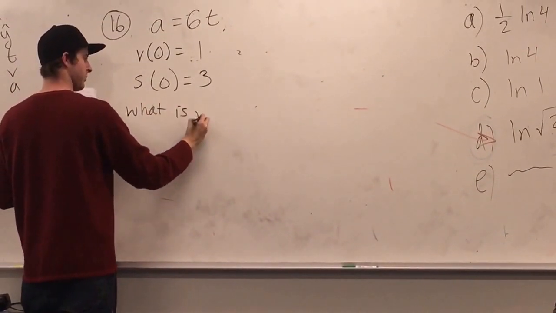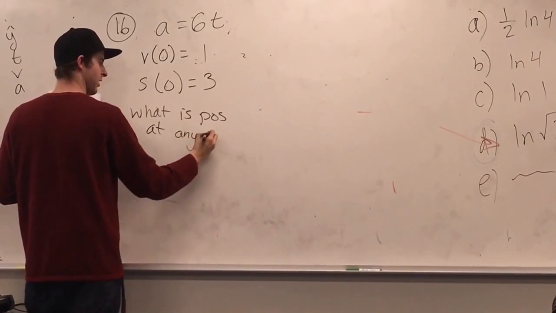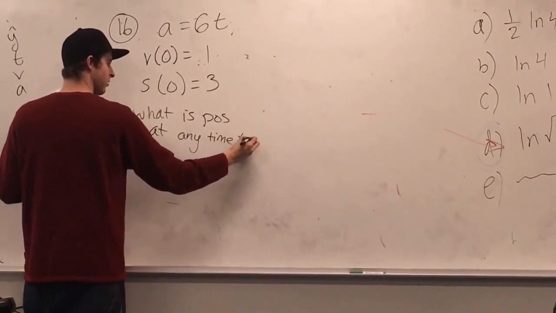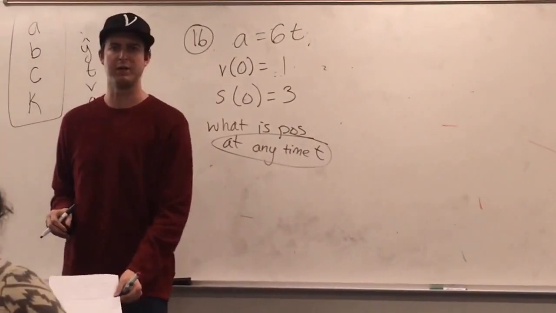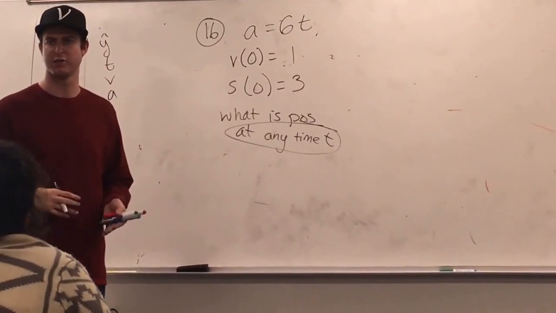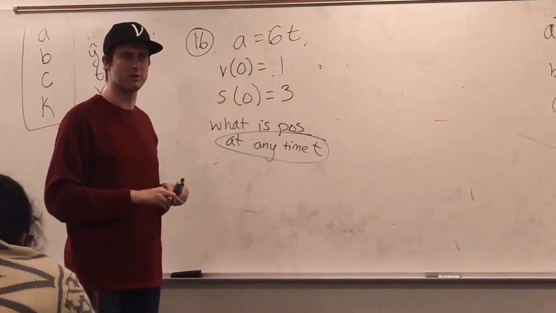What is the position at any time t? When you see this, like at any time t, it means you're not plugging in an answer, you're just getting the formula. So I started off at 6t and it's an acceleration.